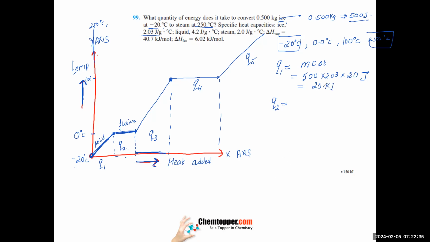Yeah, there is a decimal here. Q2. Q2 is N times delta H of fusion of water. But do I know N? Yes, I can work out N. N is the mass of water, which is 500 grams ice, divided by the molar mass of ice or water.